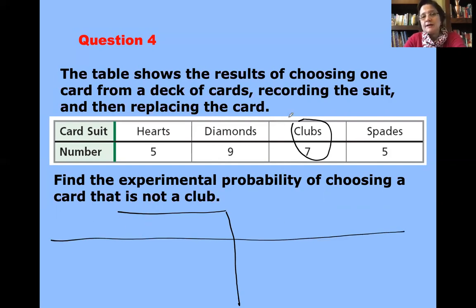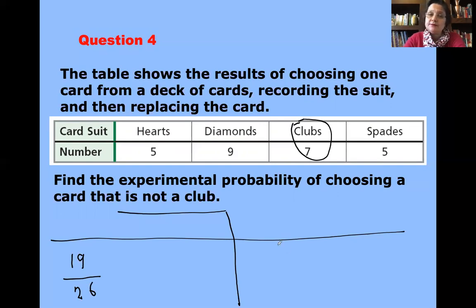The first one, the one that we've just learned: what is not a club? It's hearts, diamonds, and spades. So we have 5 plus 9 plus 5, which is 19. So the probability that it is not a club is going to be 19 over 26, where 26 is the total.